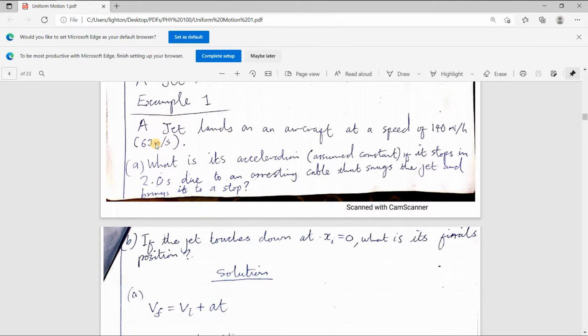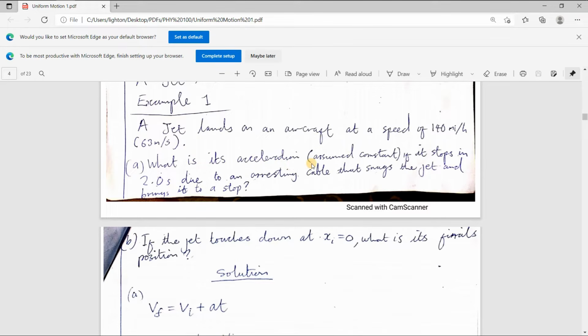Imagine a jet flying in the air and then landing on an aircraft, and the speed at which it is landing is 63 meters per second. But the question says that this jet comes to a stop, meaning that its final velocity will be 0. So the question now is, what is its acceleration?